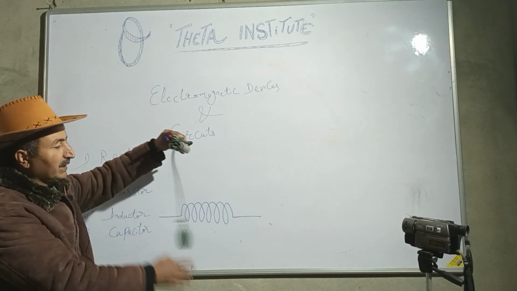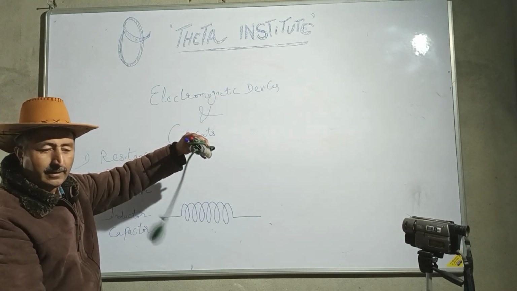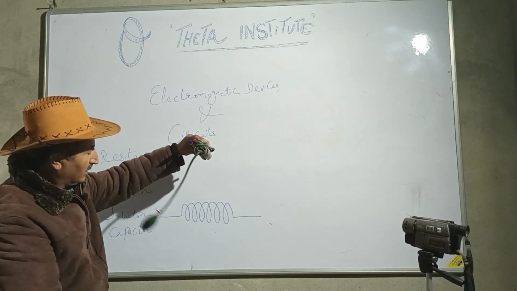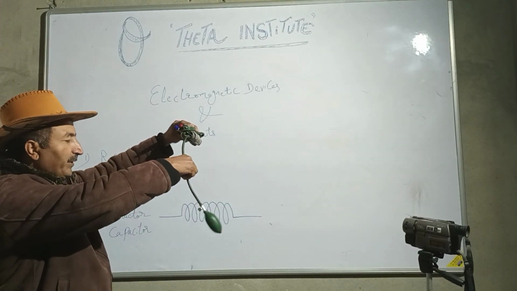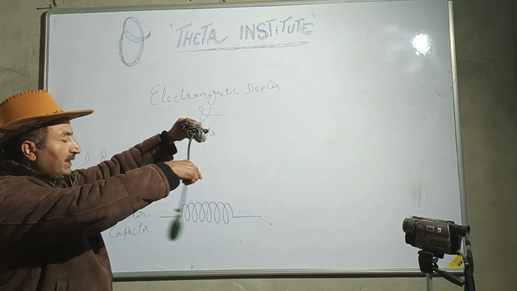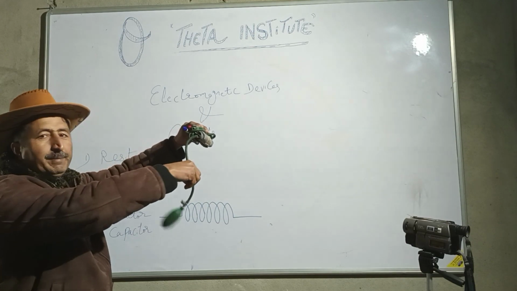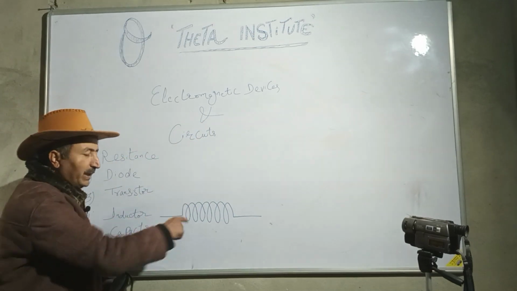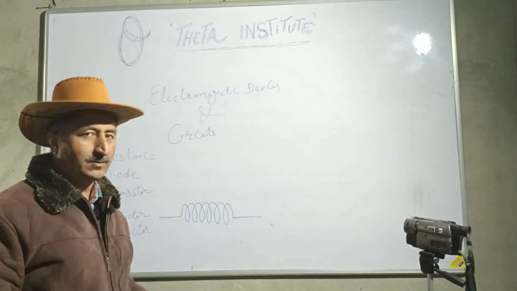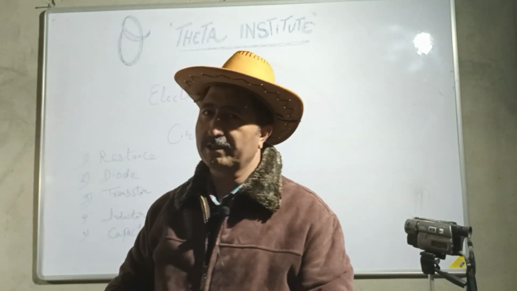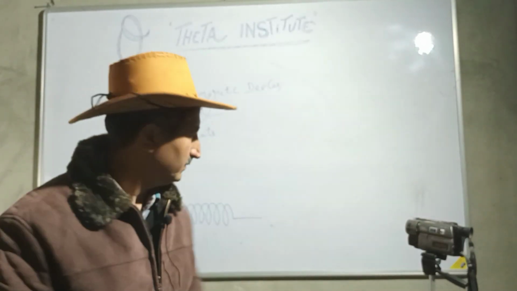A long thread will offer maximum delay. A short thread will offer small delay, and an even shorter thread will offer minimum delay. So a smaller coil will offer lesser delay. For what purpose are these coils used in electronic circuits? To offer delay in flow of electric current.